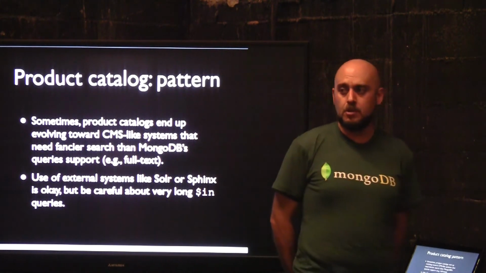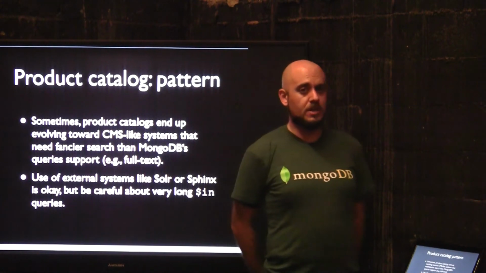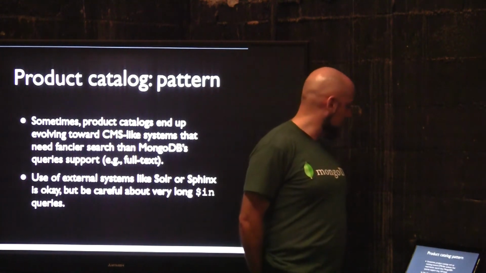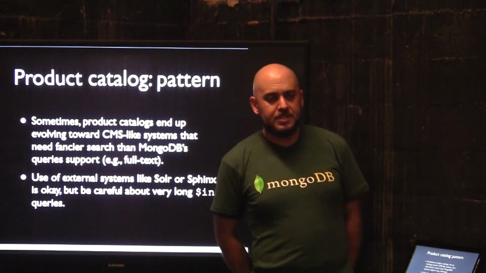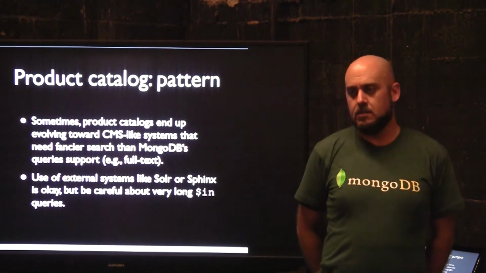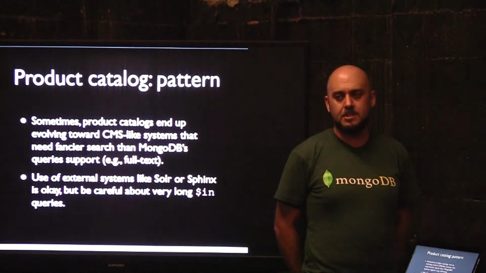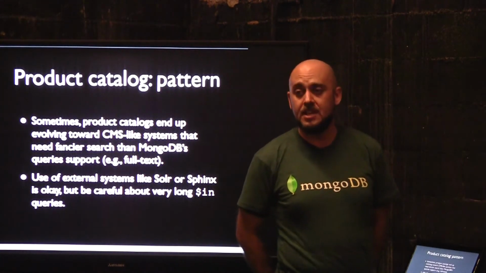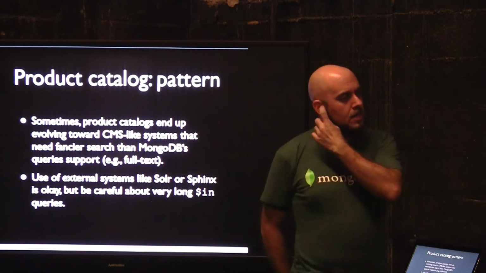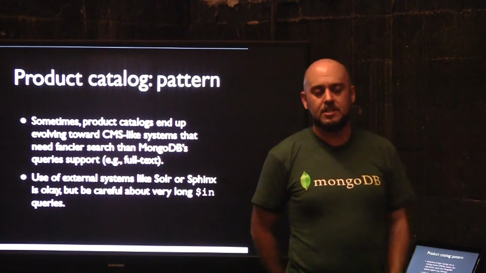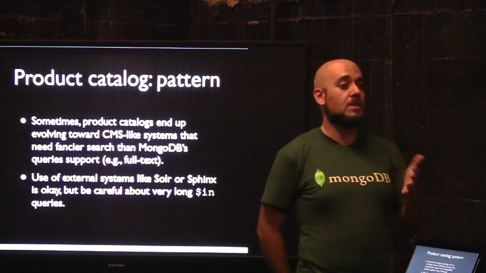And this works, as well as it works. It's not an unreasonable approach if you need to do some more complicated kind of search than MongoDB currently provides. The one thing I would caution you about is that if you're using some external index for graph analyses or something like that, and your query against the index is supposed to give you back a bunch of primary keys that you'll then go look up in MongoDB, you should be careful to note that very long inquiries are expensive to process.